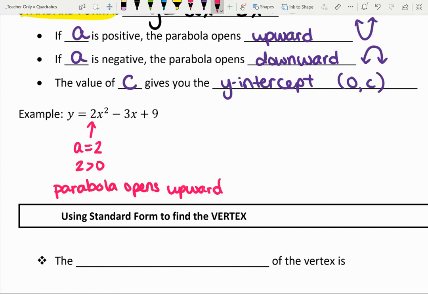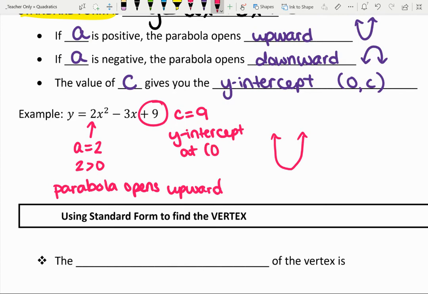And then that 9 at the very end, our c is equal to 9. So we're going to have our y-intercept at (0, 9).